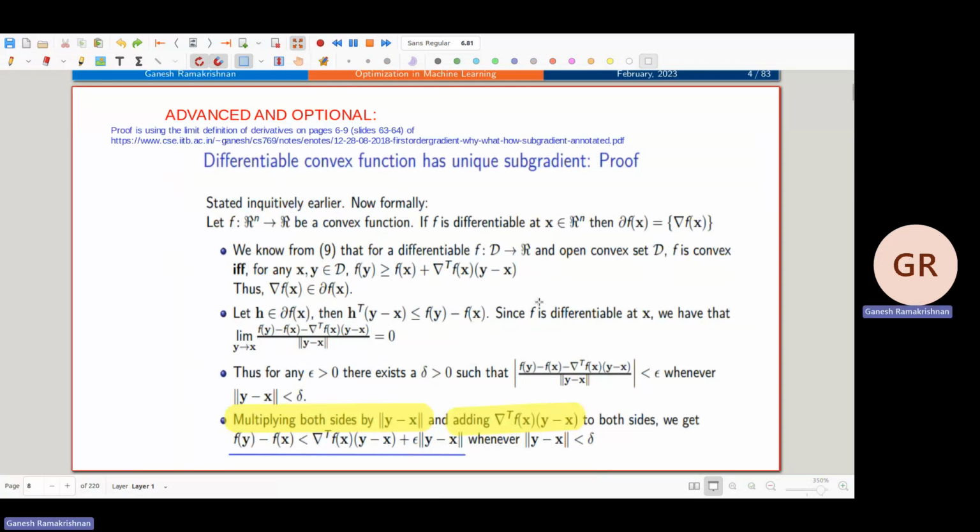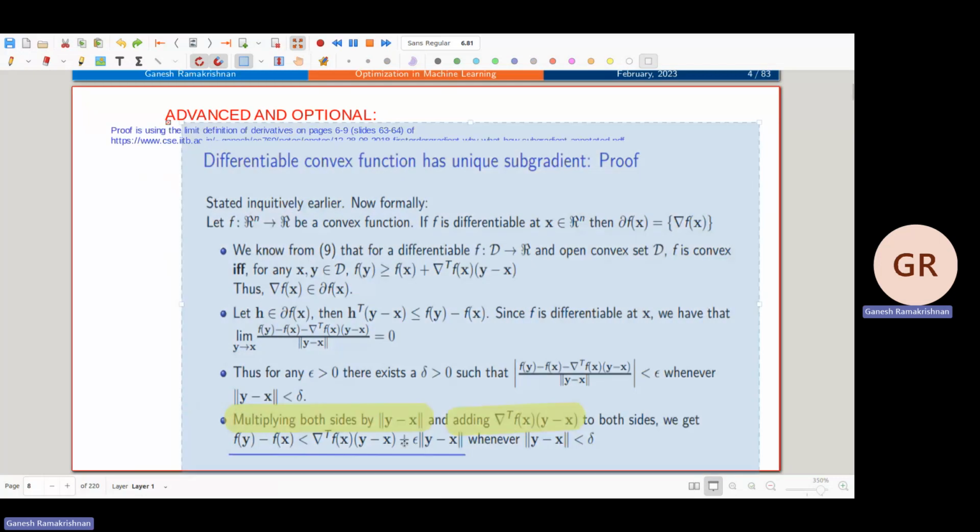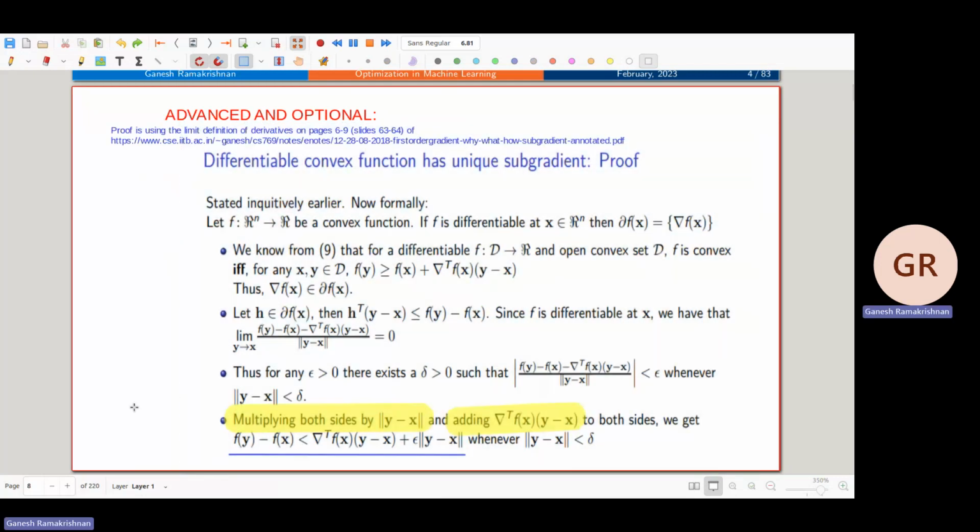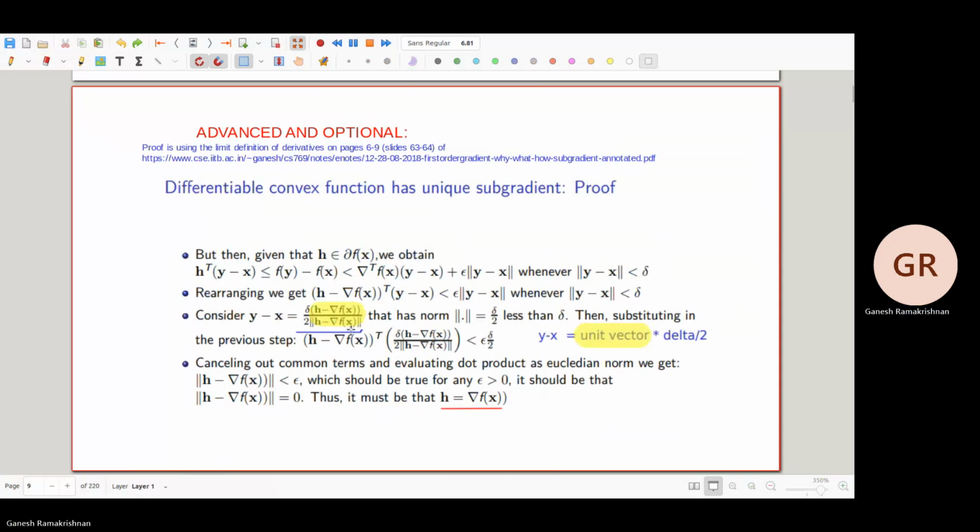Because f is differentiable, I write down its directional derivative along y minus x. What's the meaning of a directional derivative? I write it down by first principles, use limits, and then a little bit of algebraic manipulation.